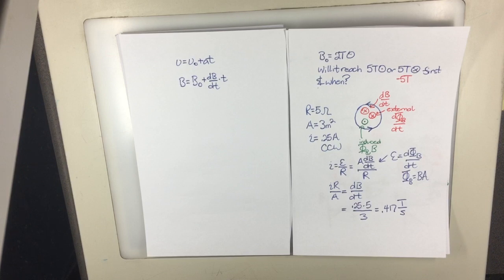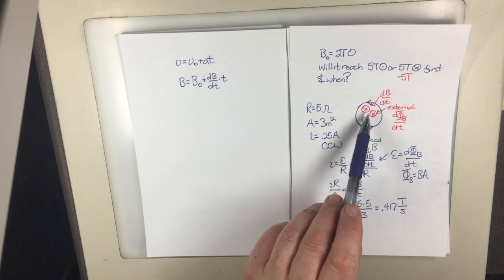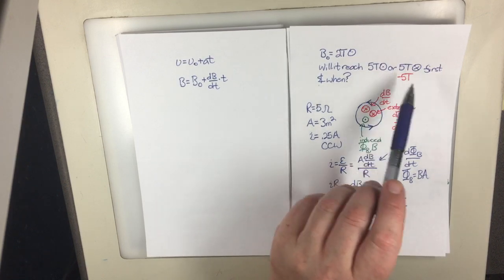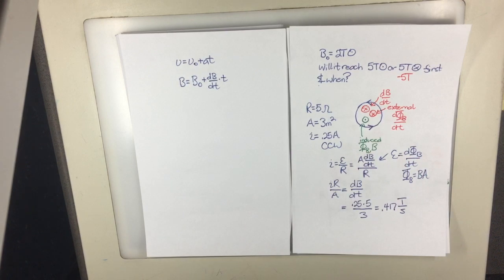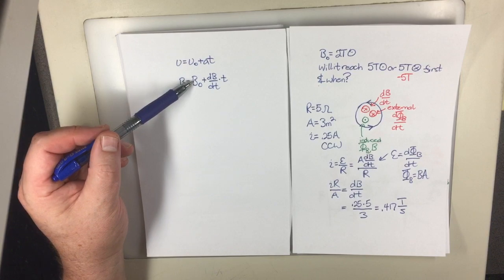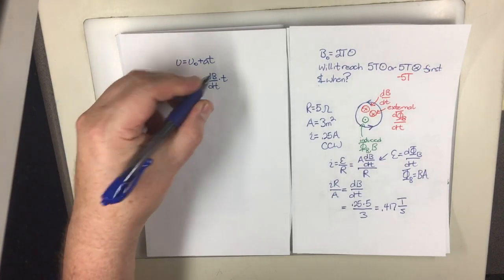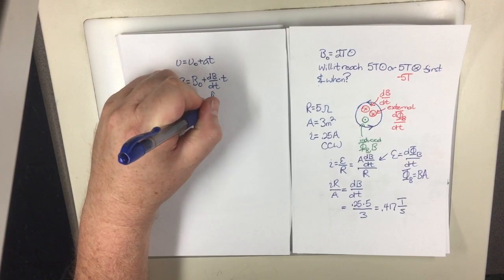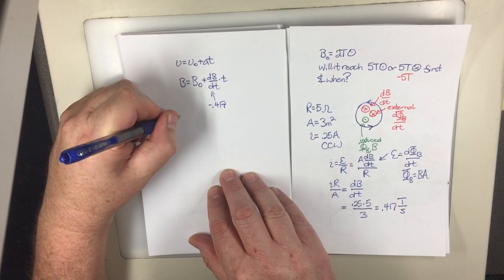The initial velocity is the initial B field and then the final. So because I know that the change in magnetic field is going into the page, it's got to hit -5 before, and it's impossible to hit 5. So final B is -5, B naught is 2, dB dt is -0.417.